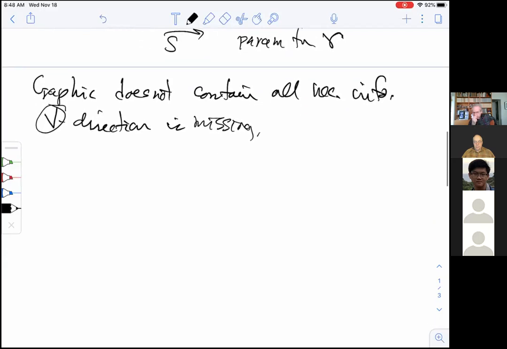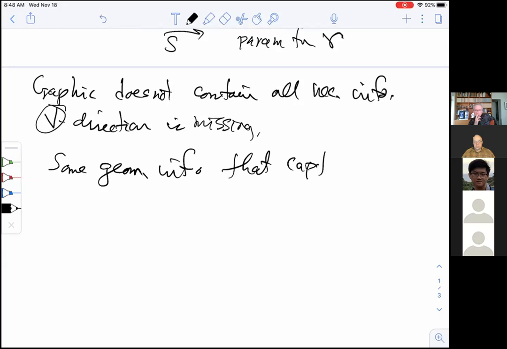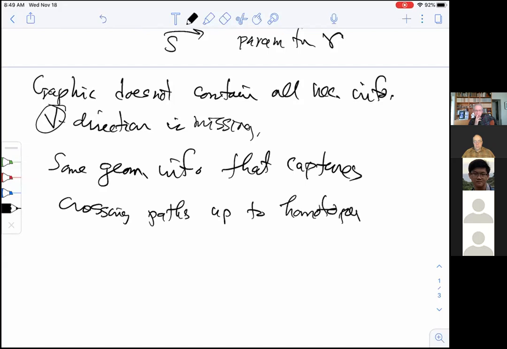So we need some geometric information that captures the crossing paths up to homotopy, relative various endpoints and so on.